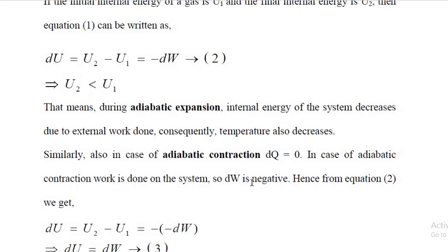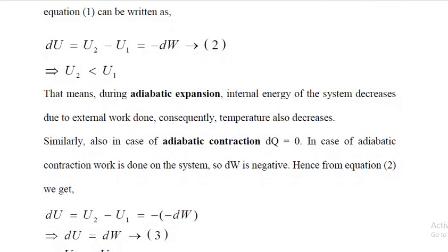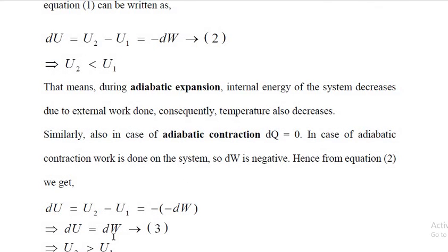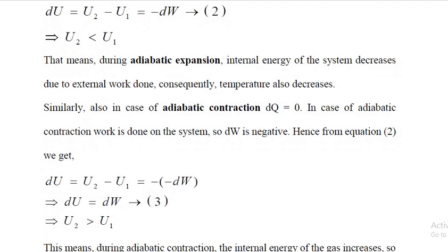That is, dw is negative in the case of adiabatic contraction. Fine. So we get du is equal to plus dw. So this can happen only if u2 is greater than u1. Whereas in adiabatic expansion, u2 is less than u1.